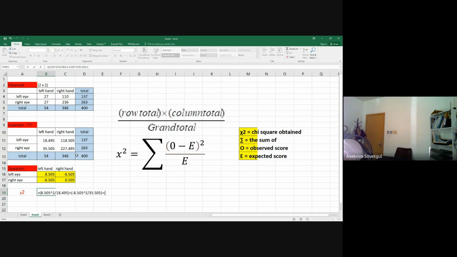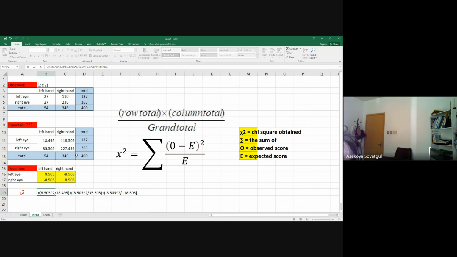I will open the bracket again. 118, right? Sorry, minus again 8.505, yes, just a minute. Squared, divided by 118.